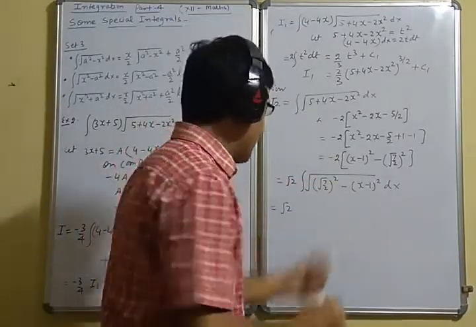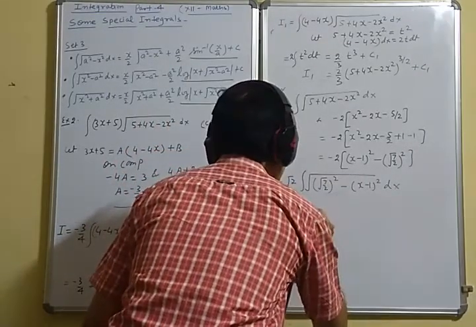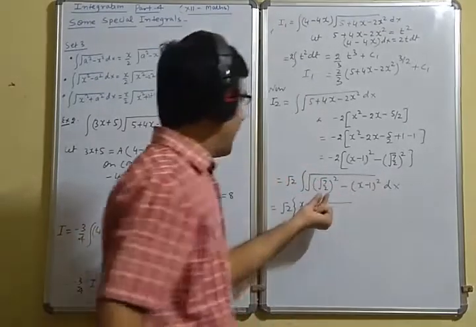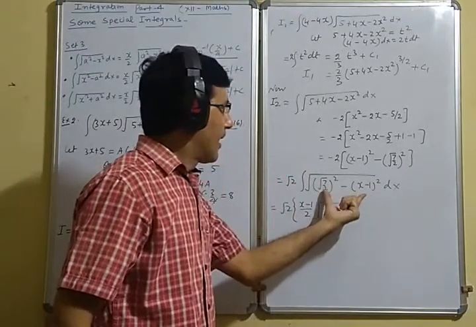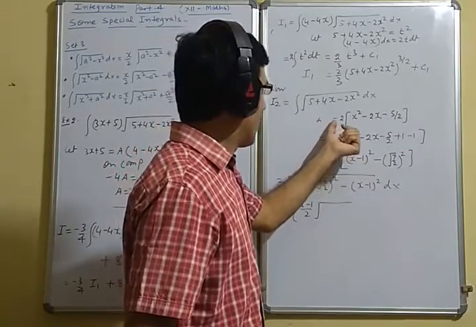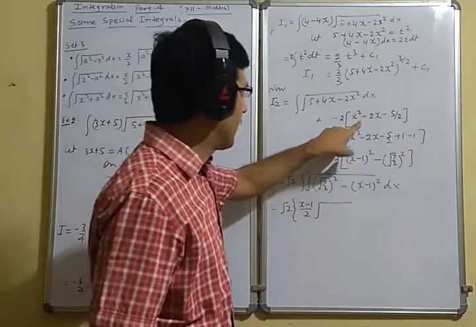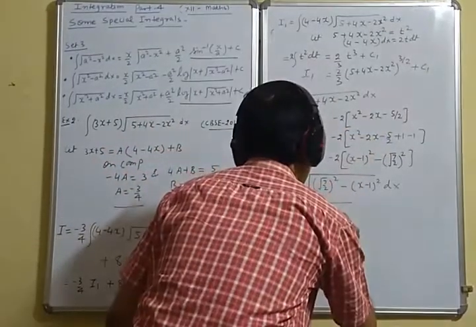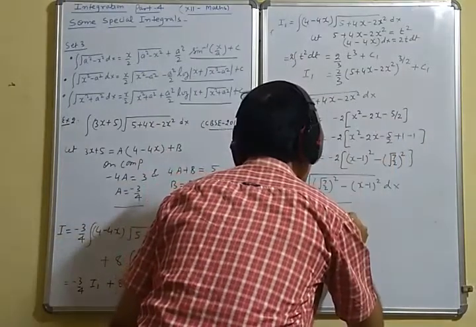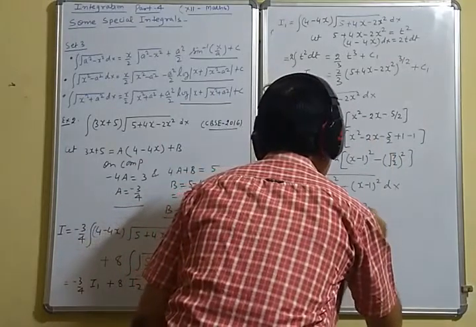So first x by 2, that is x minus 1 by 2 under root a square minus x square. A square minus x square is nothing but, here you have to change sign. 2 is outside the square root, so this becomes 5 by 2 plus 2x minus x square.